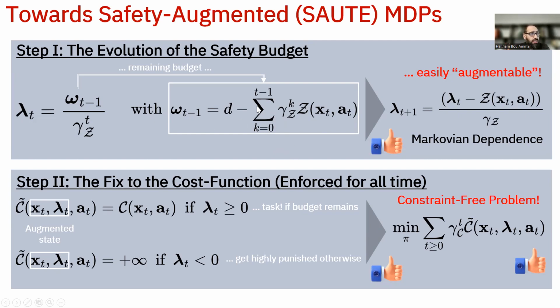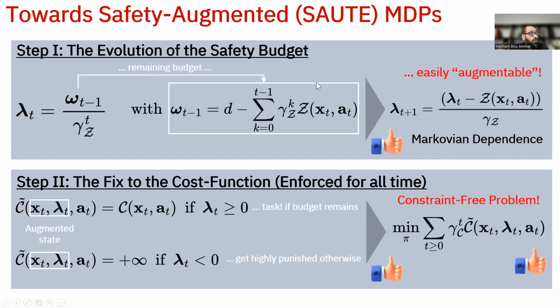What I am doing really is counting up to the current moment all the mistakes I have done, and subtracting those from my safety budget D. So at time t-1, I can have D minus the mistakes I've done so far, and this is my remaining budget, the budget that is left for me.